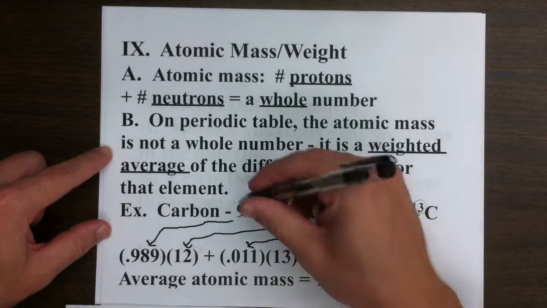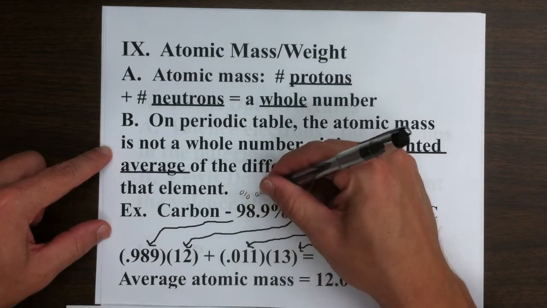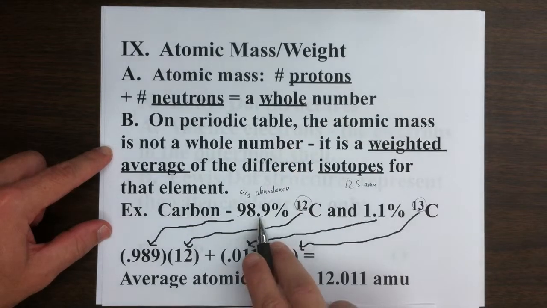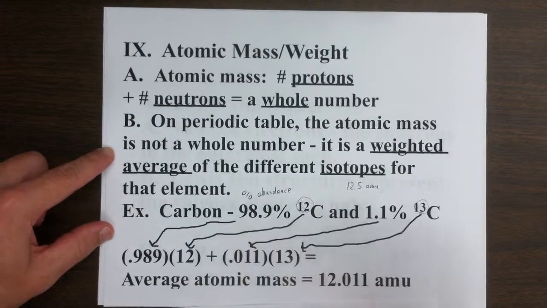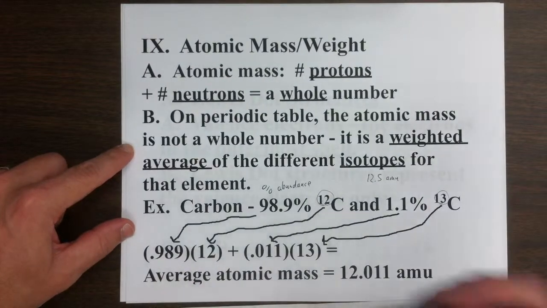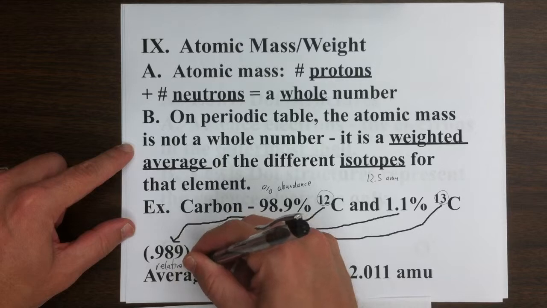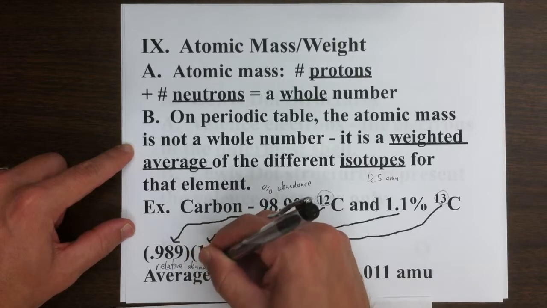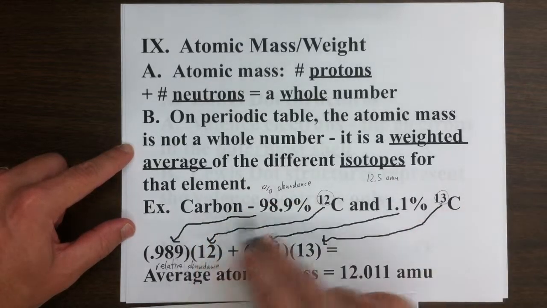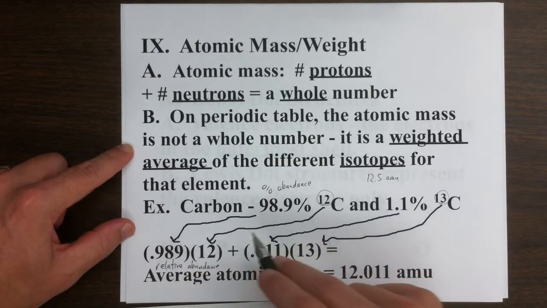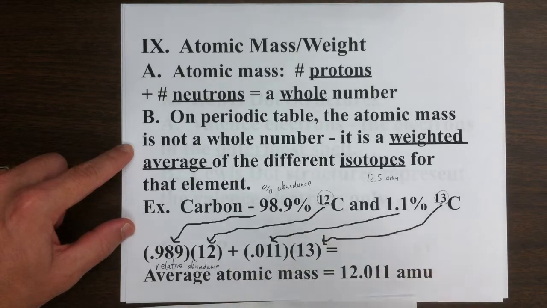So this is our percent abundance here. When we divide that by 100, move the decimal over, we get 0.989. This is relative abundance. Nothing different. This one you can just put into your calculator more easily than this because you'd have to divide by 100.